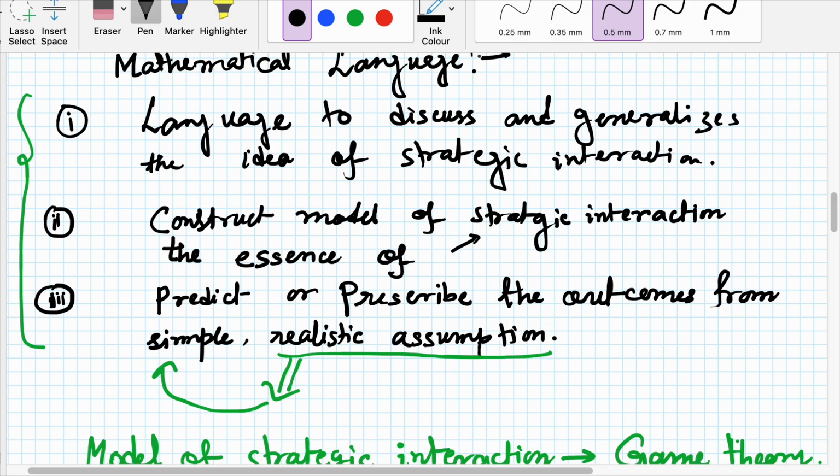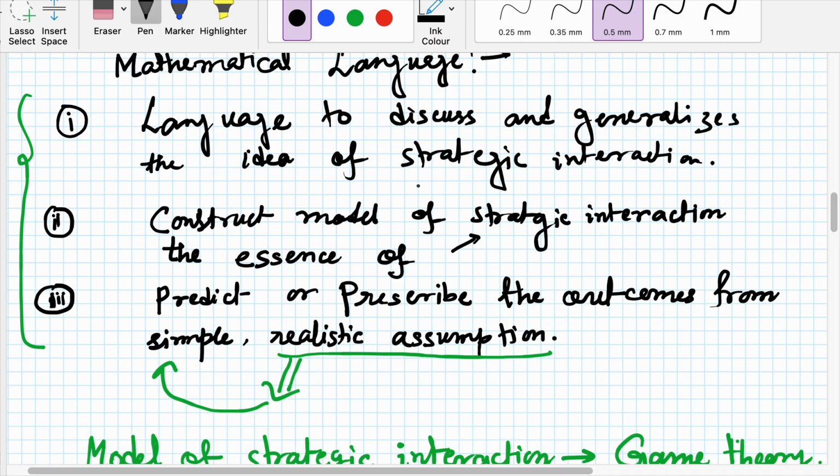Game theory is basically nothing but a mathematical structure capturing the conflict and cooperation among various individuals. Where does the conflict of interest come from? First comes the interest, and if everybody has some interest, then the conflict between their interests arises.